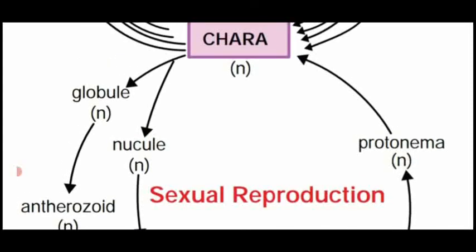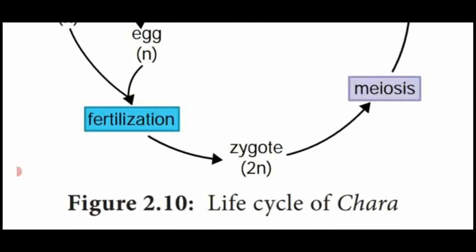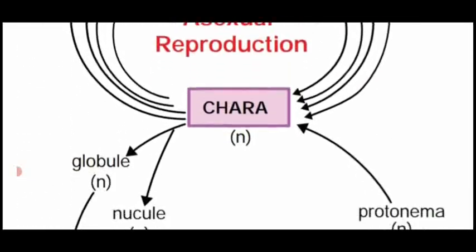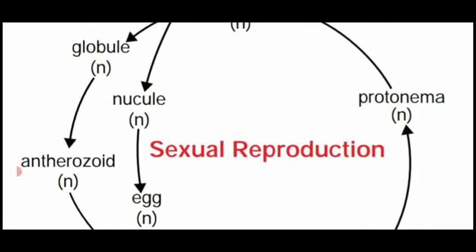The protonema develops into a new Chara. That's why the life cycle of Chara is known as a haplontic life cycle, and also Chara shows the alternation of generation, that is haploid sporophytic phase and diploid gametophytic phase.